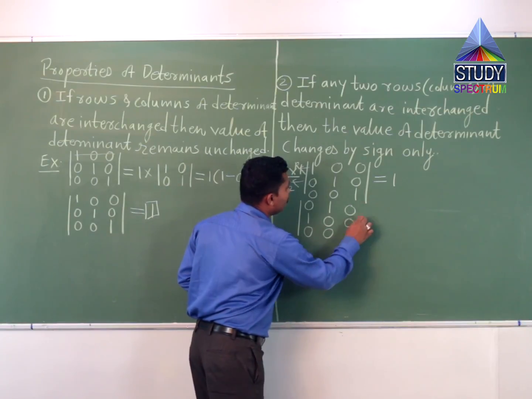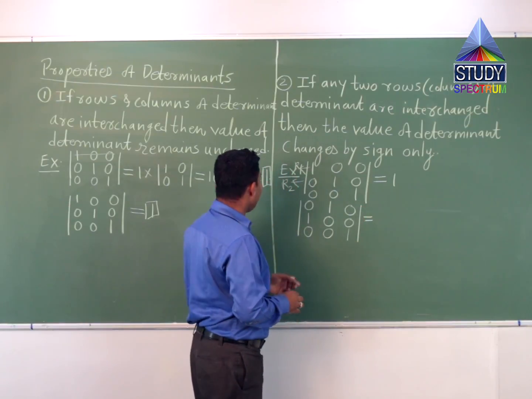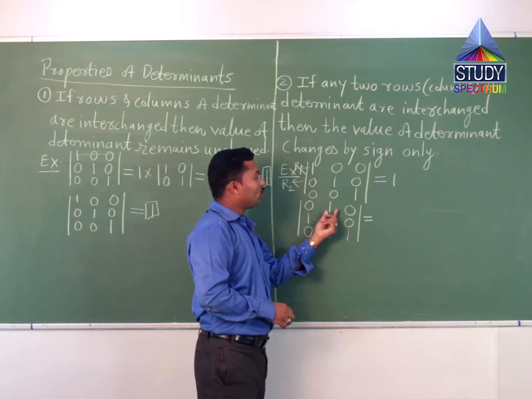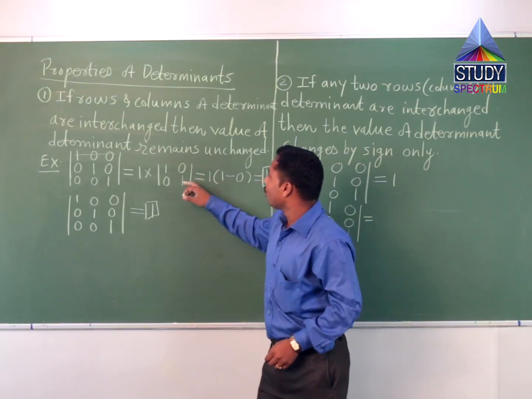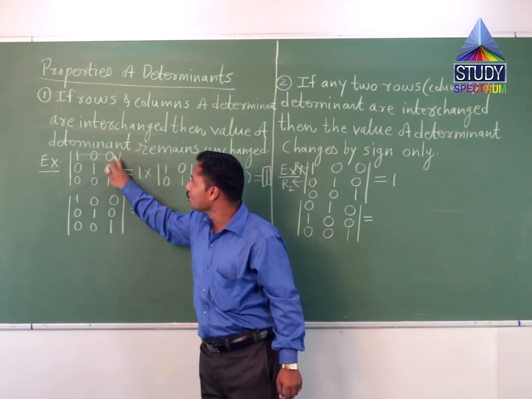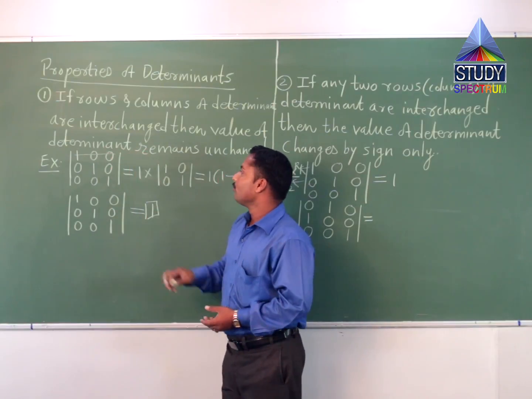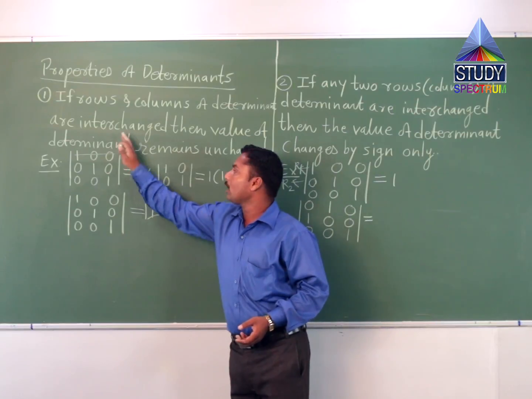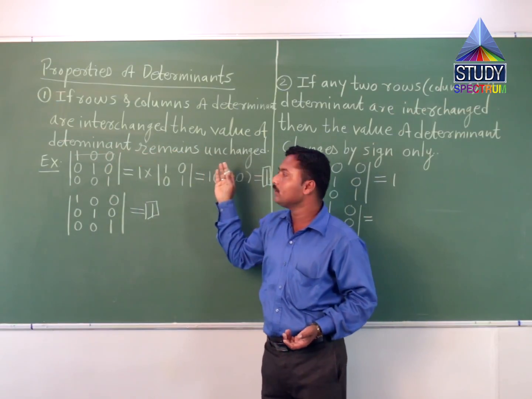Here there are already 0 0, so we only want to take the minor of this number. Listen carefully: here there are already 0 0, so we cannot take the minor of these two numbers, because minus 0 into the minor of 0 is 0, 0 into any number is 0, and again plus 0 into any number is 0.